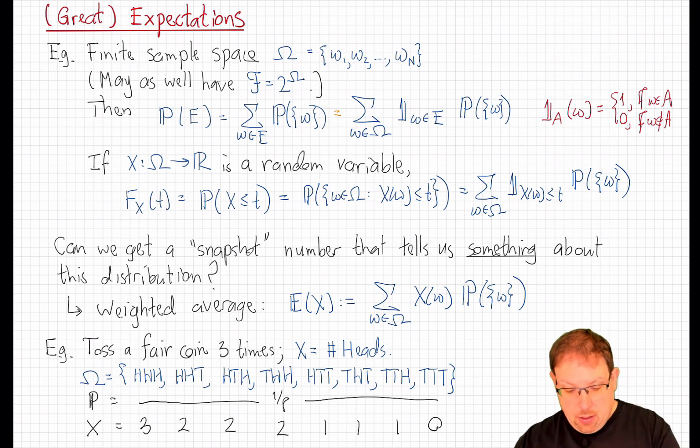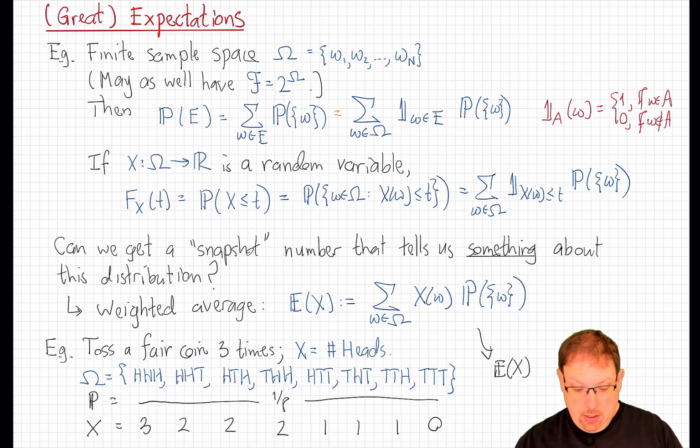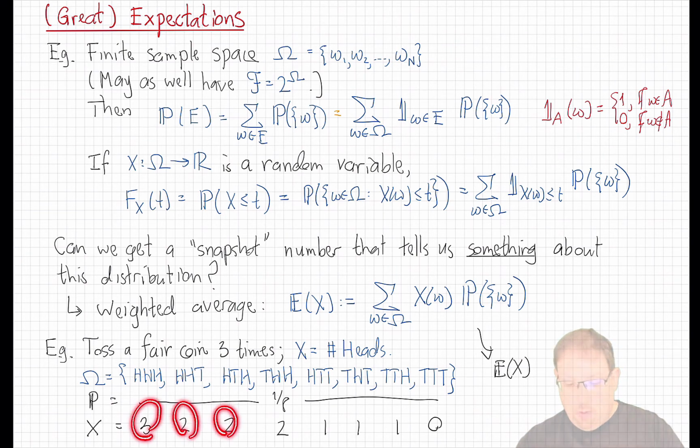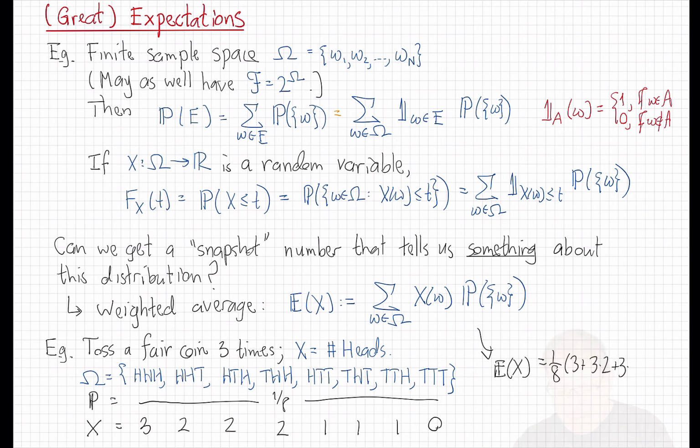And that means that this weighted average, which we write as blackboard bold E, expectation, will be 3/8 plus 2/8 plus 2/8, and so on down the line. We can write that as 1/8 of 3 plus 3 times 2 plus 3 times 1 plus 0. And that is equal to 3/2, 1.5.